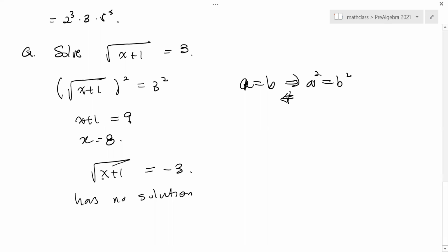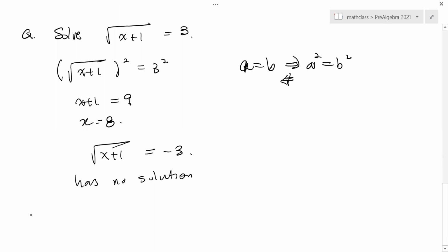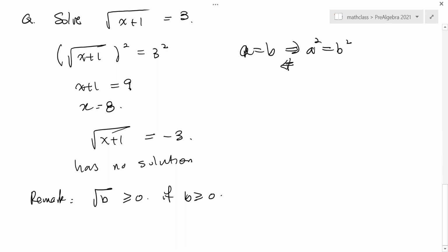The reason is that the radical of any number, whenever it's defined, will be non-negative. So this is a remark: the square root of any number is always non-negative whenever it's defined. If b is greater than 0, the square root is not going to be a negative number. If b is negative, then it's not defined.